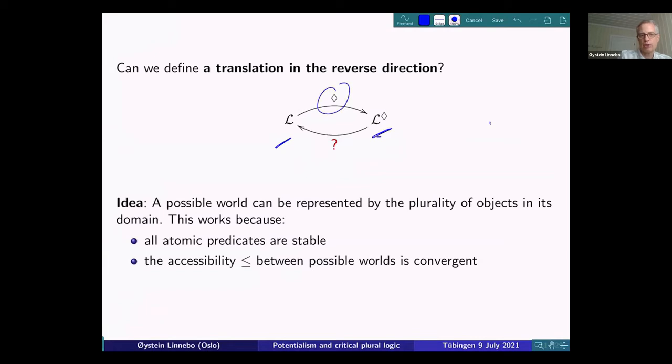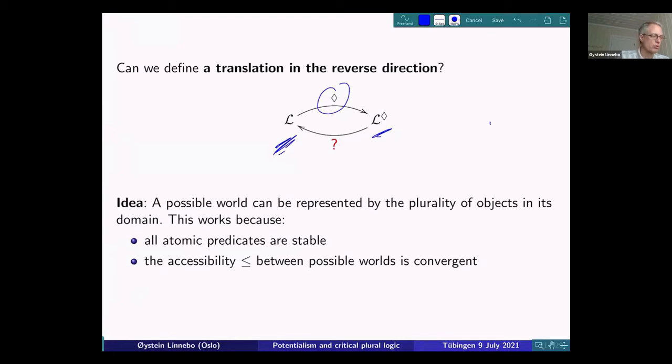However, it turns out to be possible to simulate quantification over possible worlds, even in the non-modal language. And this works because a possible world can be represented simply by a plurality of objects, namely the many objects that make up the domain of that world.